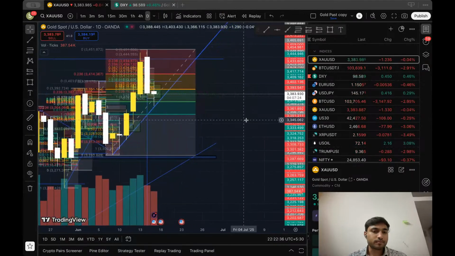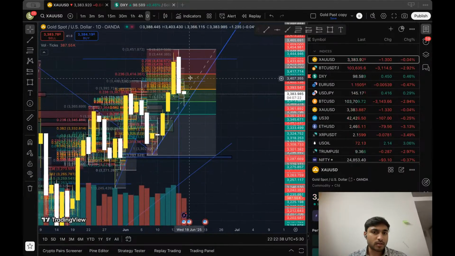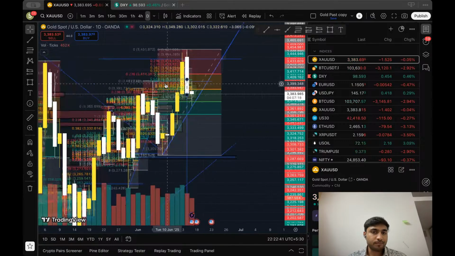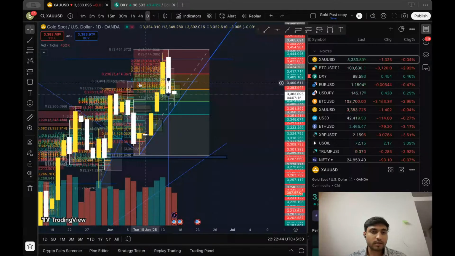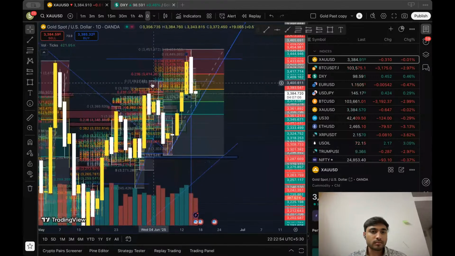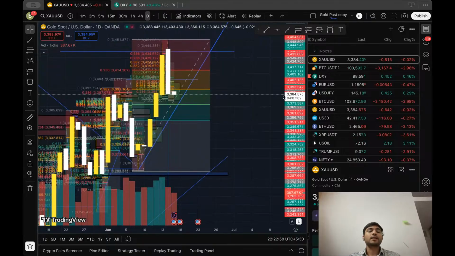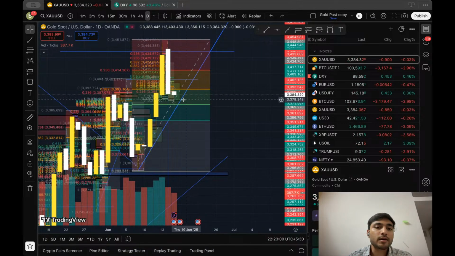But this is market structure, no? On the one day we have market structure. If you observe it, it's aligned with this line. That's a market structure trade.